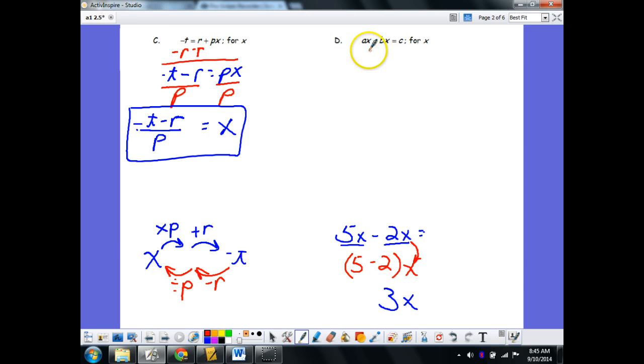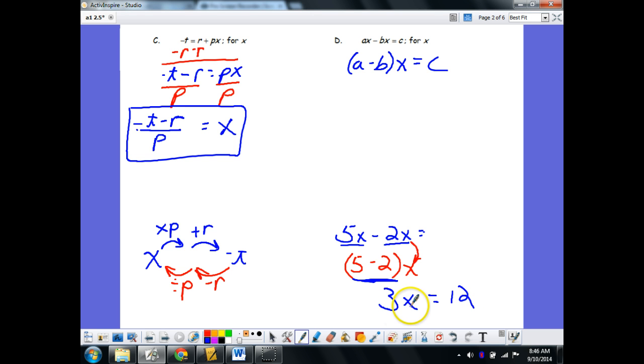We're going to do the same thing here. We're going to take the values that are attached to the x and set them off in parentheses, just like what we did up here, using that distributive property. The only thing is now we cannot combine the a and the b. We cannot take a minus b and simplify it anymore. Let's say this was equal to c.